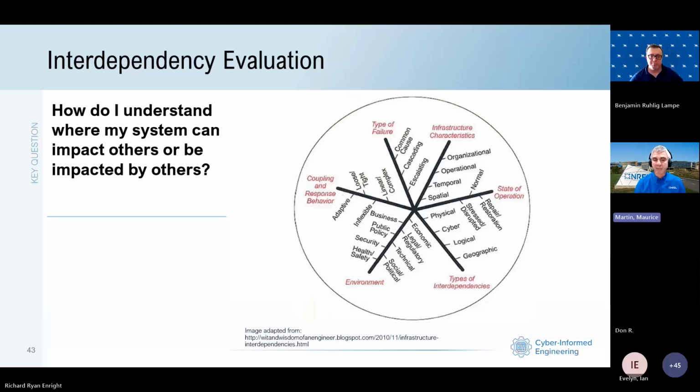And we have to look at a lot of different types of interdependencies: physical, cyber, logical, and geographic. Are we connected organizationally or operationally to these other systems? And with a particular emphasis on looking at any kind of cascading effects that might occur and what those would do.